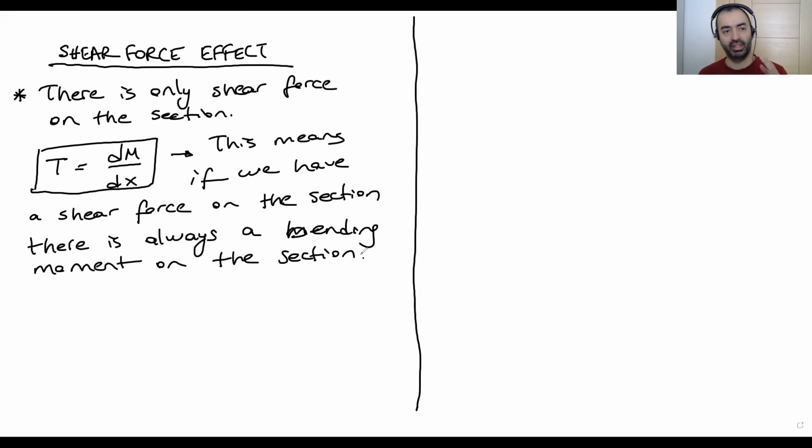So what we said at the beginning, we said we're going to work on only shear force on the section, but according to this mathematical equation, it says if there is a shear force, there is a moment on the section, a bending moment. But here, the bending moment is a very small value.